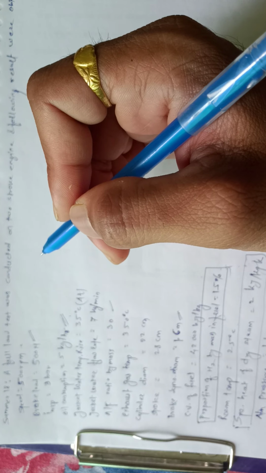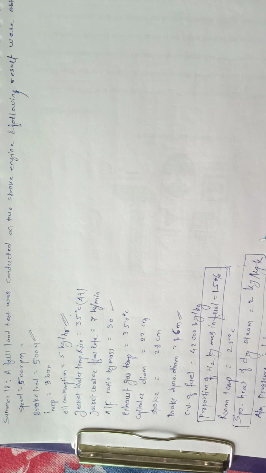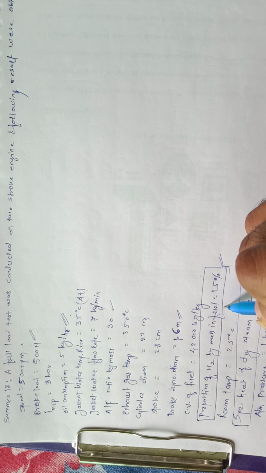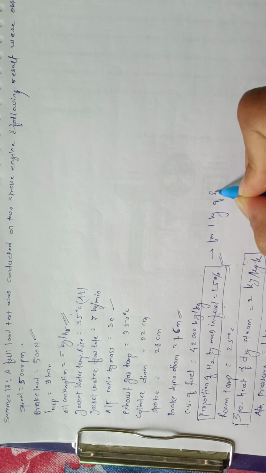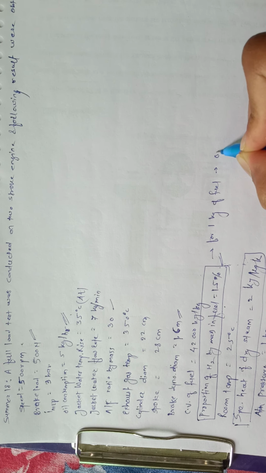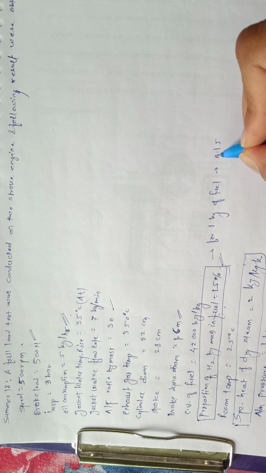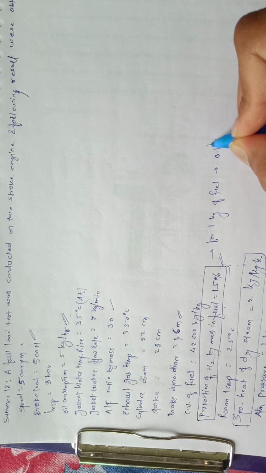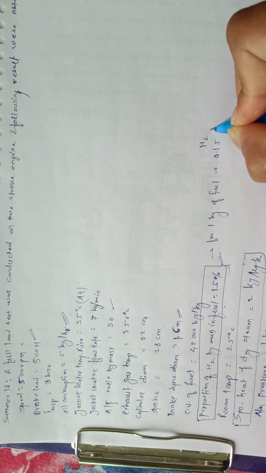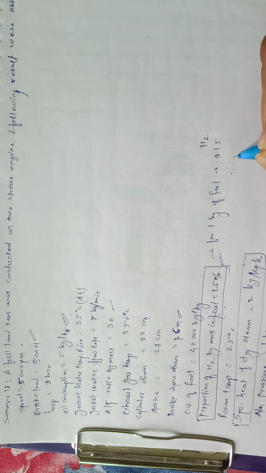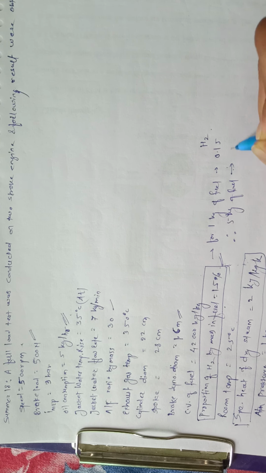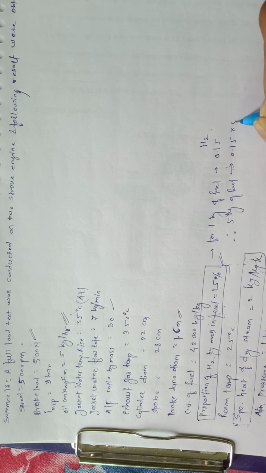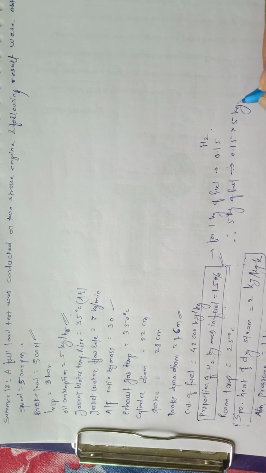Yes, we can find out the amount of hydrogen present because it is given that 15% of hydrogen by mass is present in the fuel, meaning for 1 kg of fuel, 1 kg consists of 0.15 kg of H2. Therefore 5 kg of fuel will consist of 0.15 into 5 kg, which is per hour.